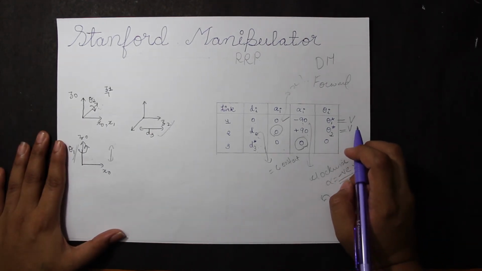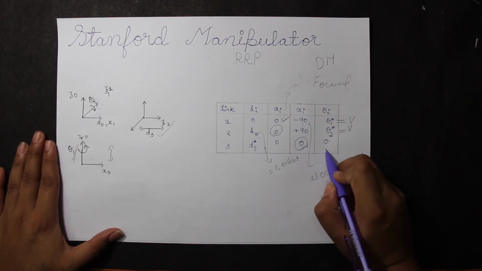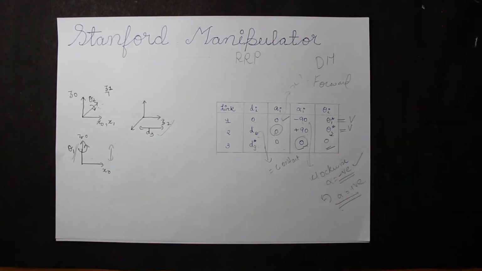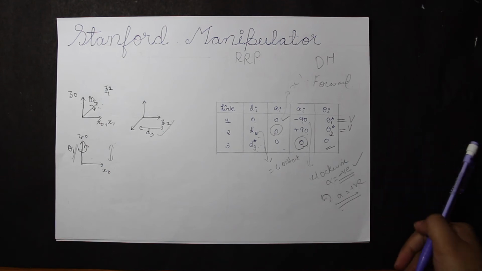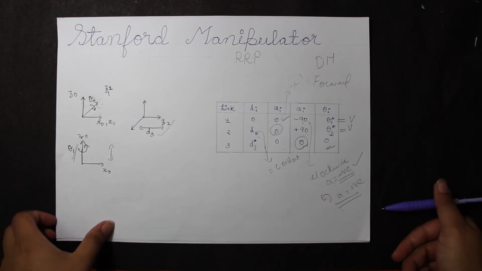So alpha 3 is 0, and theta 3 is again 0 for the same reason. There is no rotation of the joint. You can go ahead and put a wrist on it and find its forward kinematics, but this is enough as a whole to find the rotation and the forward kinematics of the manipulator.